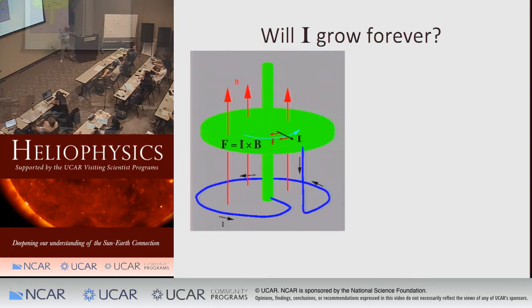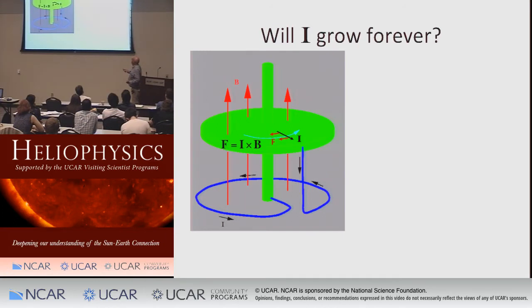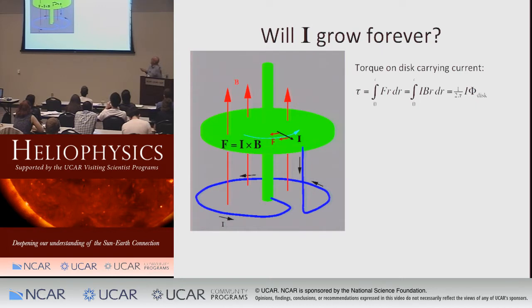So that's the force, I cross B. If you do that, you'll find the force goes backwards against the velocity. That seems natural. The torque is F times R. I do out all this, and I find that the torque is the current times the flux in the disk. Looks very similar to the expression for the EMF. And if I put in my mutual inductance, the torque is the mutual inductance times I squared.